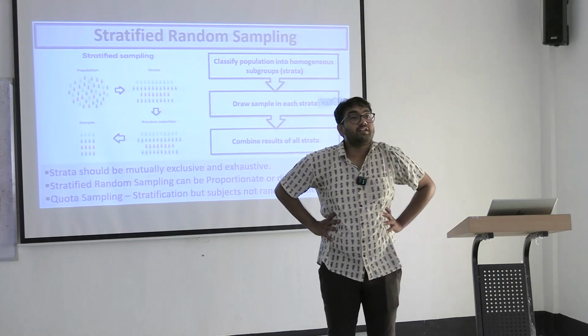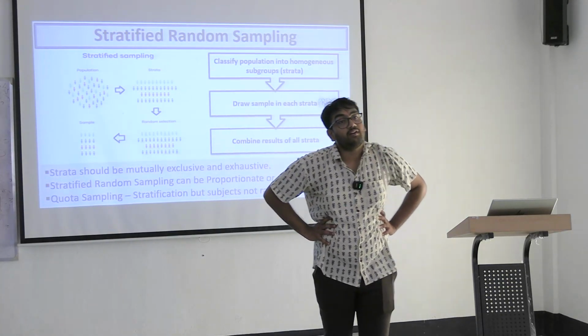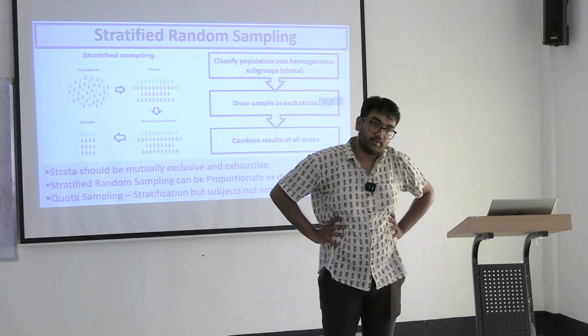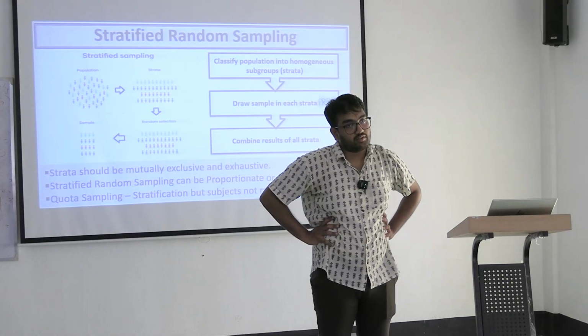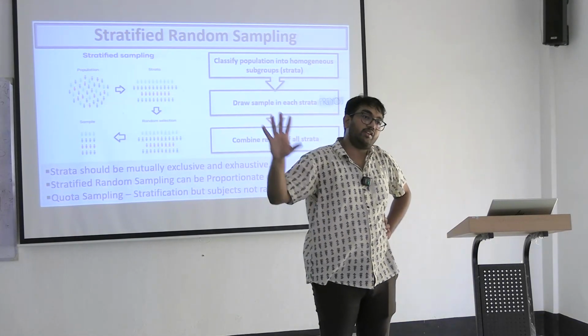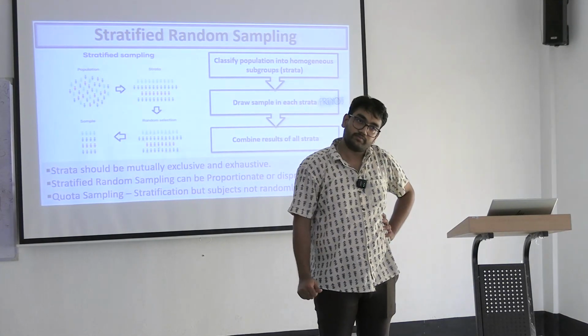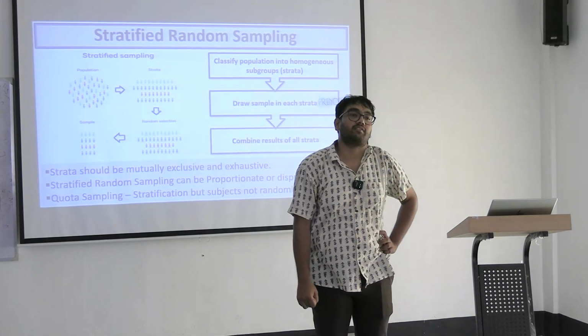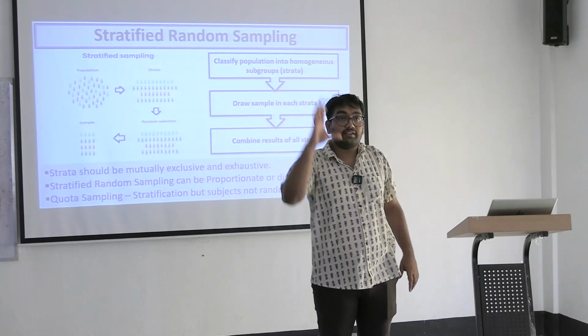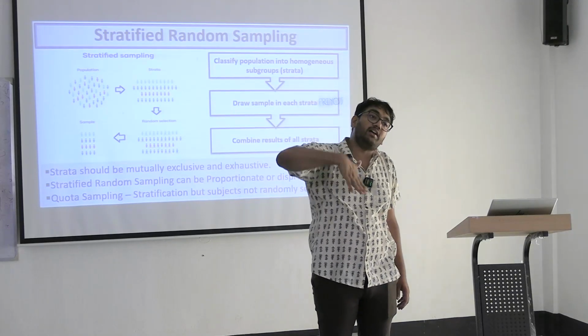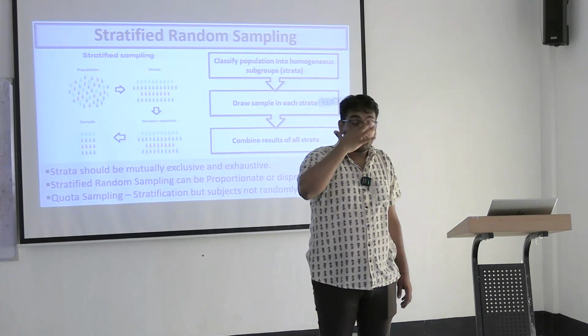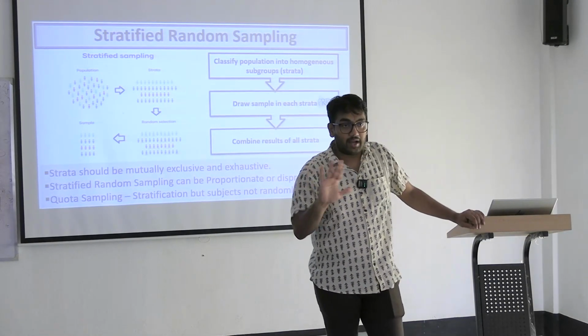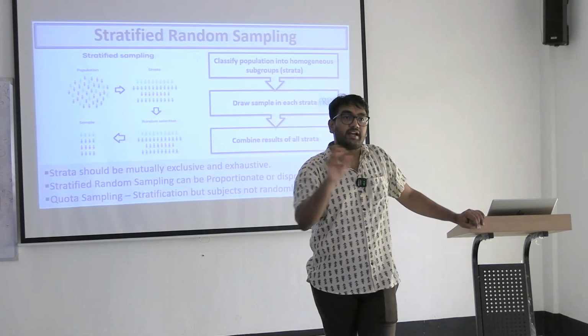So maybe I will say that I will cover 30 villages across this district, and from each village we will select all individuals. So here the villages are clusters. See, in the village there will be different kinds of people. So essentially we are not doing strata. In strata, within strata everyone is the same.